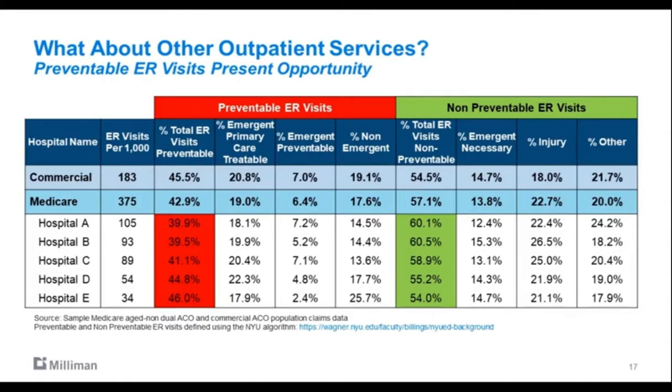So that's the categorization here. What we see with the commercial in this population, 45% of the ER visits potentially preventable, 43% of the Medicare. So again, that just shows another area that may have opportunity for programs to be put in place.